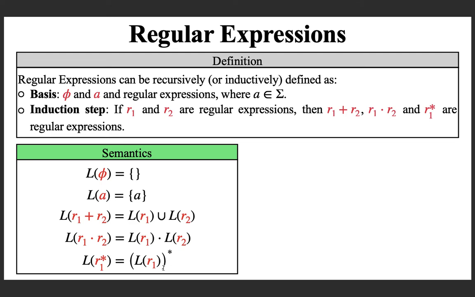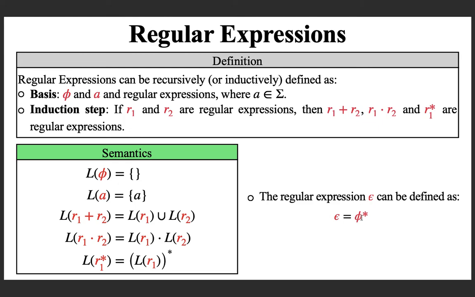And now we have to answer, why is it that epsilon is not considered a basic regular expression? In fact, it is one, but there is no need to have it as an explicit basic regular expression, because you can easily verify that if you look at phi star, it's exactly the language represented by epsilon.